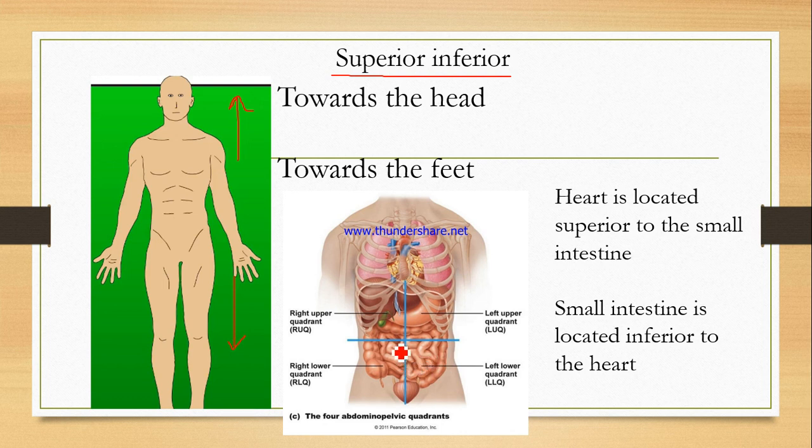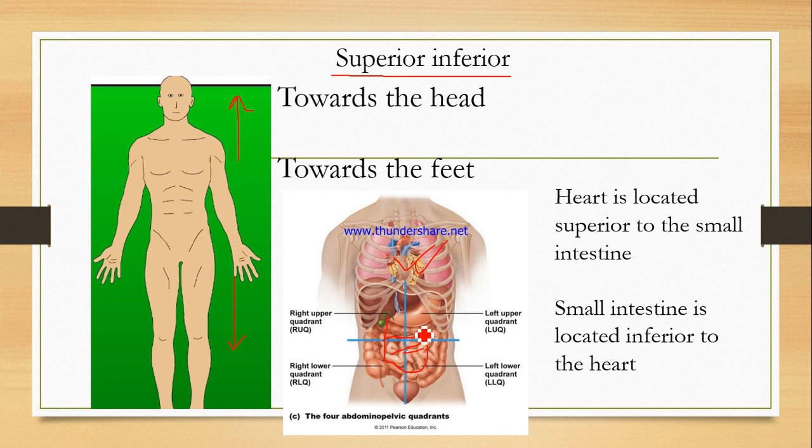Now you see here, I have given one example. This is the heart, and this is your small intestine, with duodenum, jejunum and ileum, the three parts.